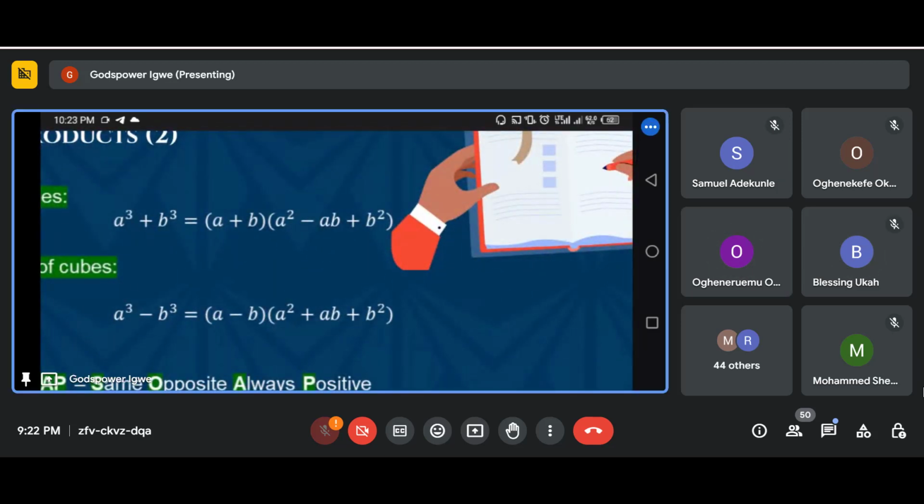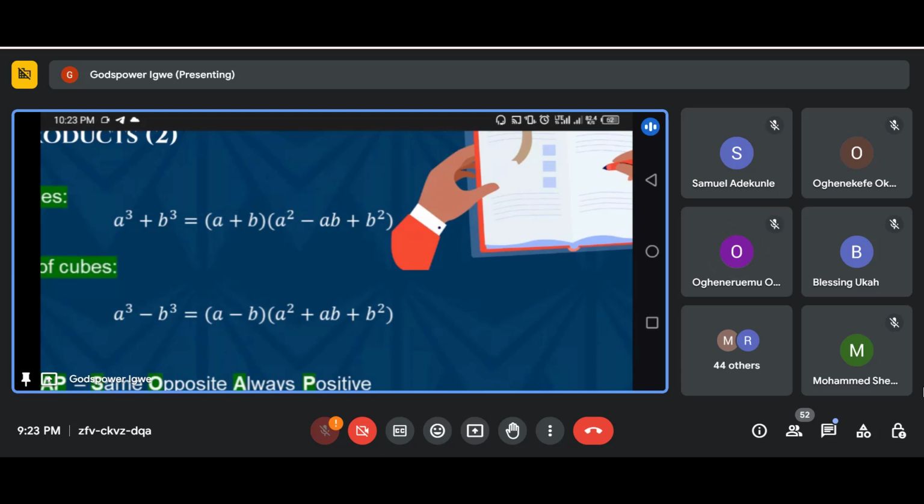People who are good with memorizing things can memorize this. As for me, I want to solve the long process, but it will take time. So what's the point? Just memorize this. Whenever you have something hard, a cubed plus b cubed, just carry this formula and put them inside. As simple as that.